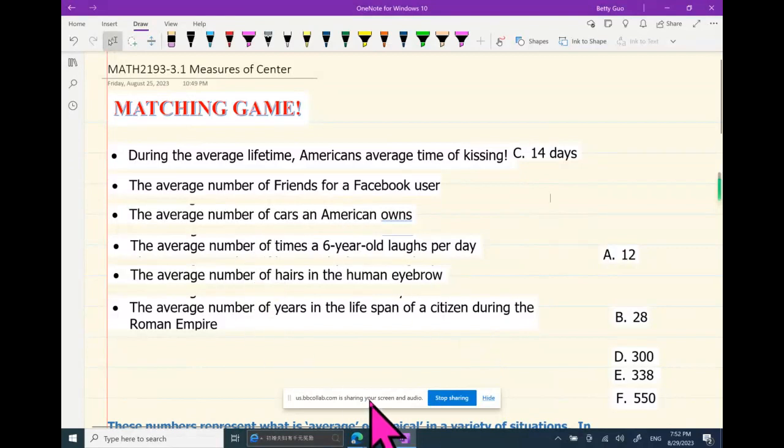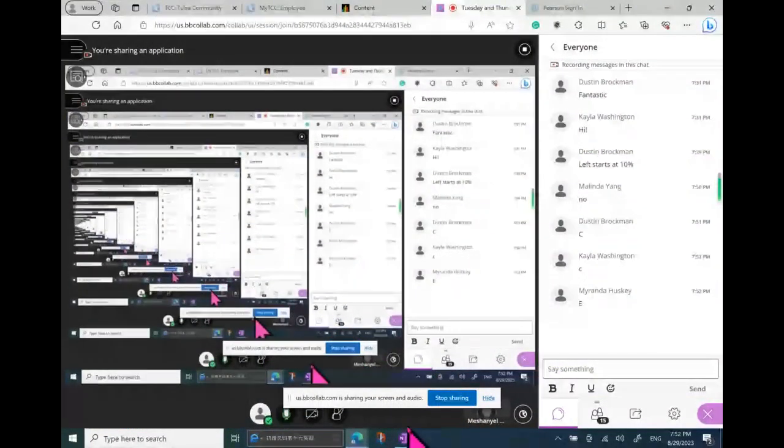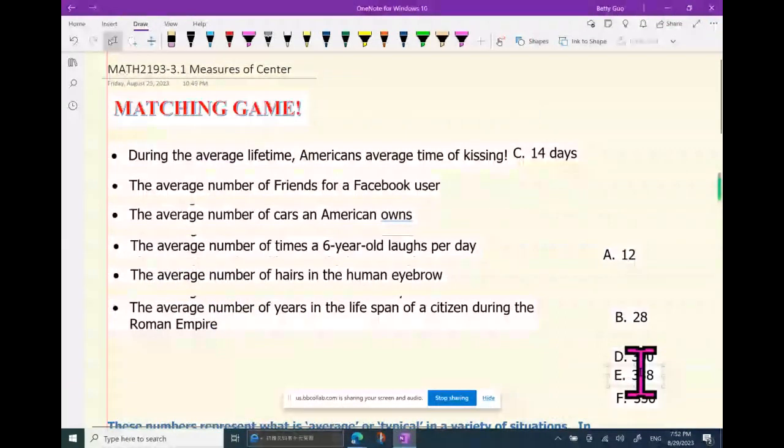Second one, the average number of friends for a Facebook user. Which one do you think? Take a wild guess. Mine's only 200. I have just shy of 200 friends, and most of them I don't even talk to. Let's see what E is. Actually, it is E. How do you know?